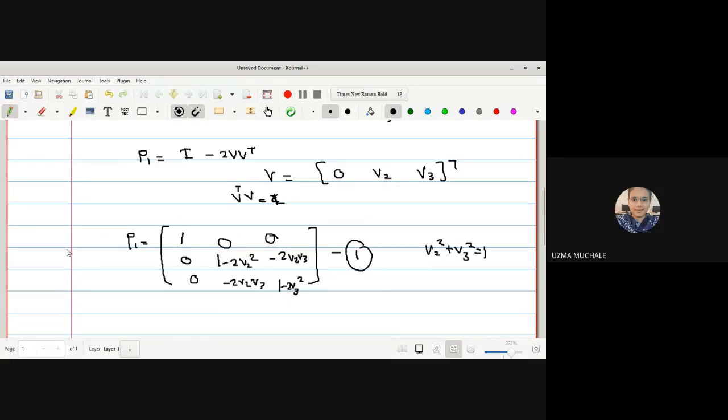Since we are going to find the matrix P1 afterwards, we are provided with this matrix. Let me name it equation 1.